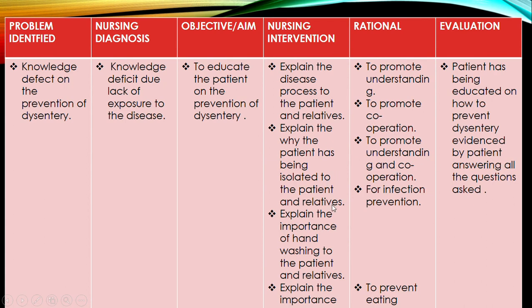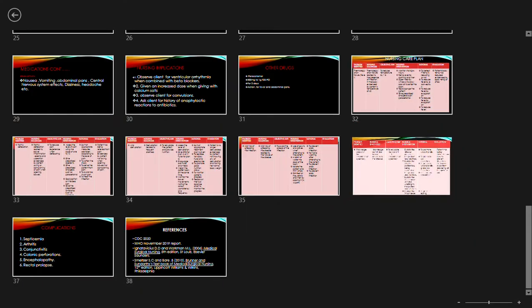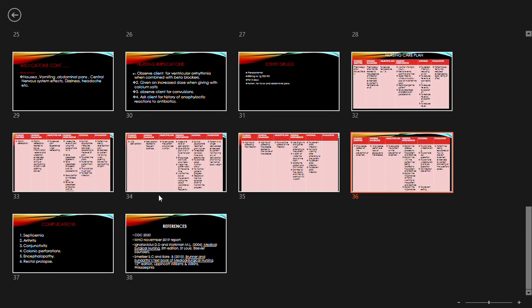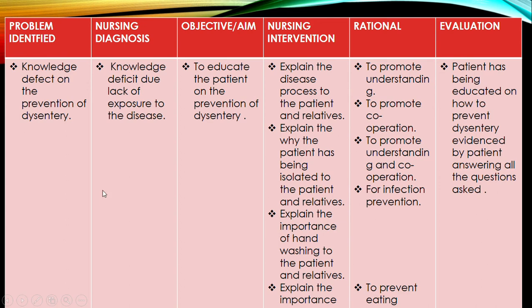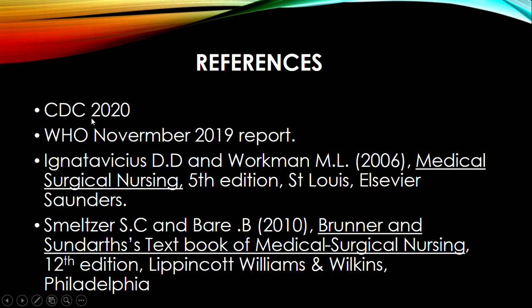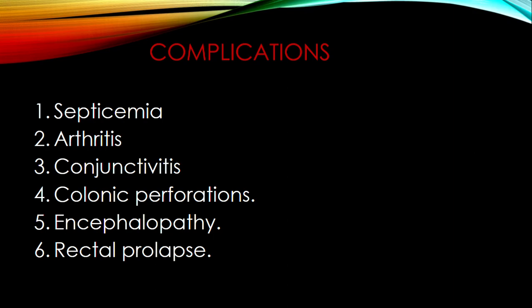Then we also explain the importance of hand washing to the patient and relatives to promote infection prevention. So we have to make sure that we explain to the patient and their relatives. So this is the specific nursing care plan that we can give to a patient with dysentery.